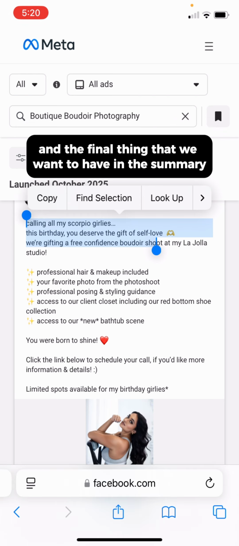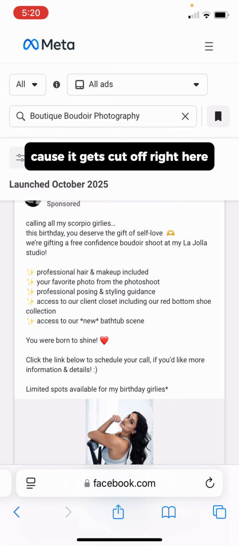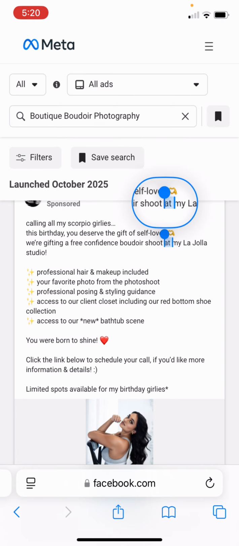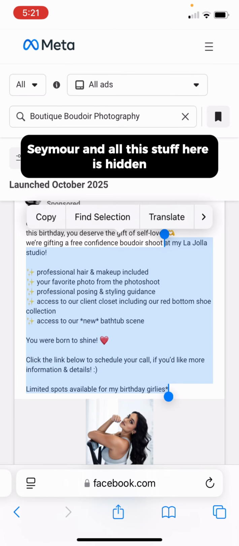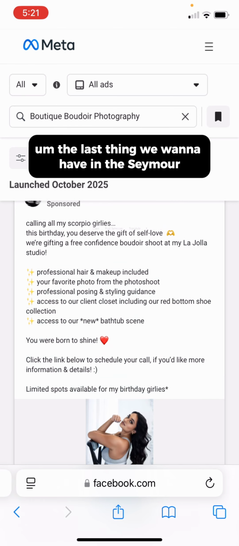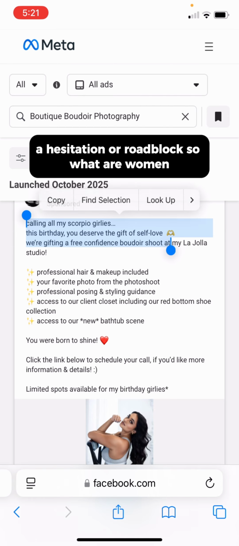And the final thing that we want to have in the Seymour headline up here before it gets cut off, because it gets cut off right here, and it'll say Seymour, and all this stuff here is hidden. The last thing we want to have in the Seymour headline is a hesitation or roadblock.